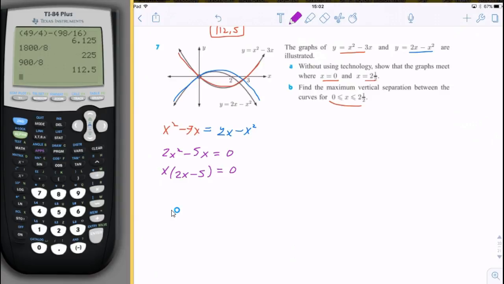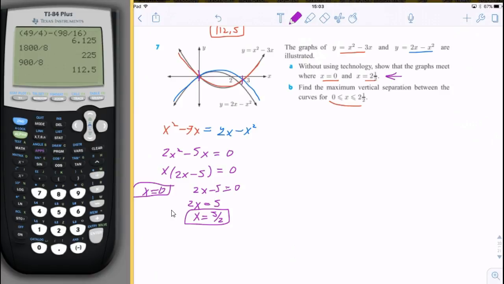And so the solutions to this would be, one would be x equals 0, the other one would be 2x minus 5 equals 0, which means 2x equals positive 5, which is equal to x equals 5 halves. So these are the two x values which mark these two intersection points, and so we just proved that.